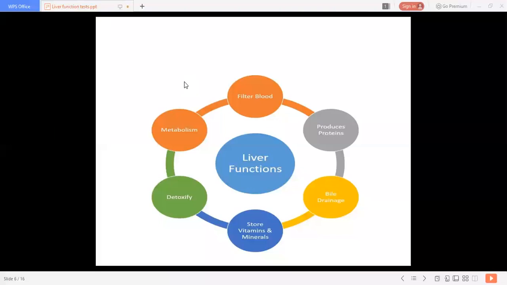In the extremes of age, these levels are higher, that is in infants and individuals beyond the age of 60. In conditions like viral hepatitis, the levels of GGT are always raised, elevated. And it remains elevated up to 6 weeks after the illness.